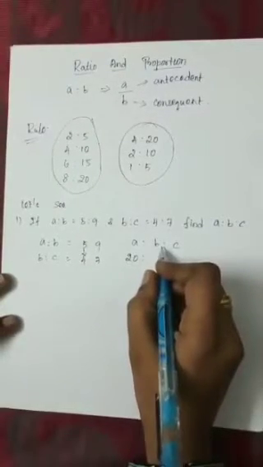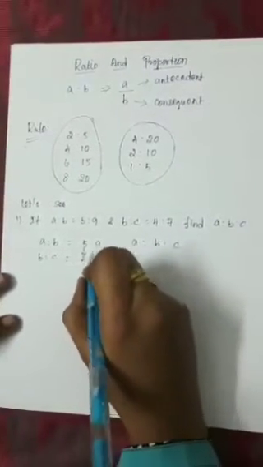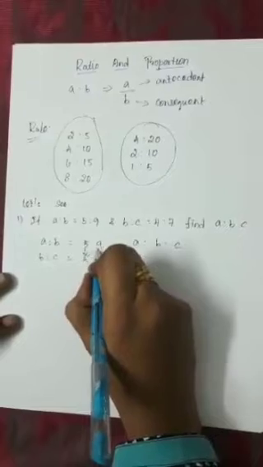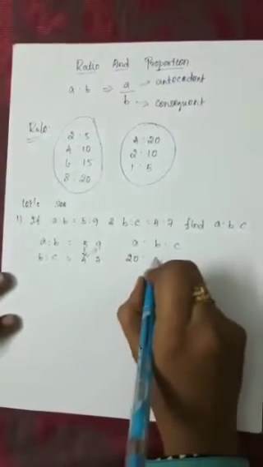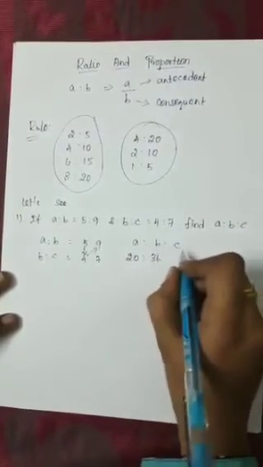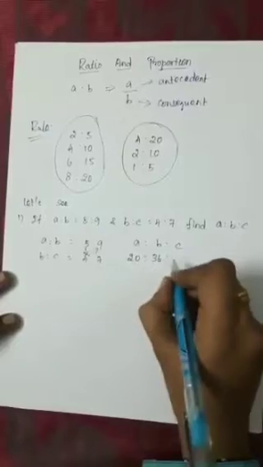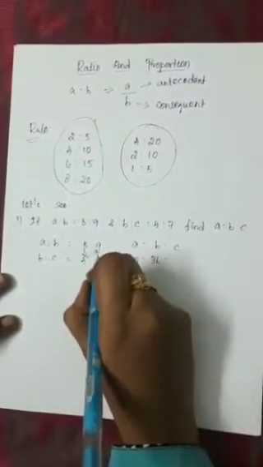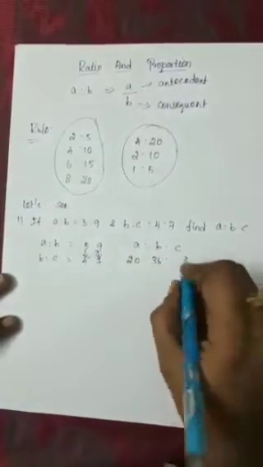To find the value of B, multiply 4 into 9, that is 36. And to find the value of C, multiply 9 into 7, that is 63.